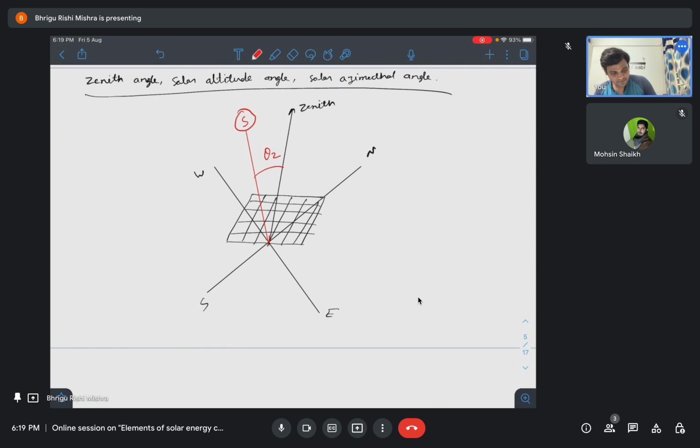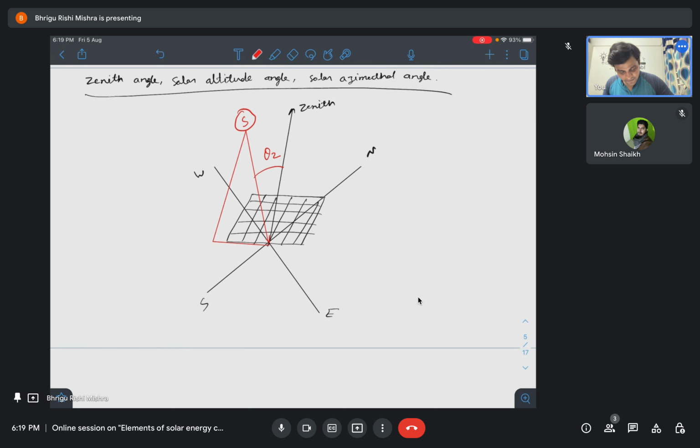First I'll explain all the angles, then we'll write the definitions of those angles. Now if I do the projection of this sun ray on the horizontal plane, it is like this and like this.